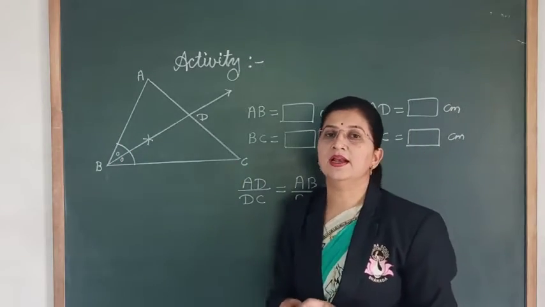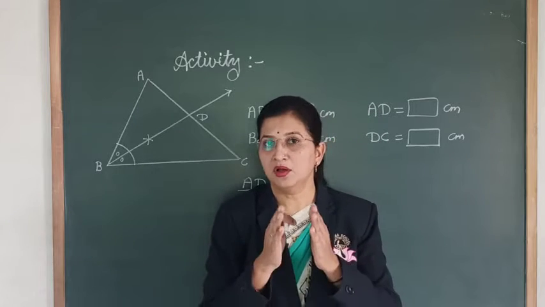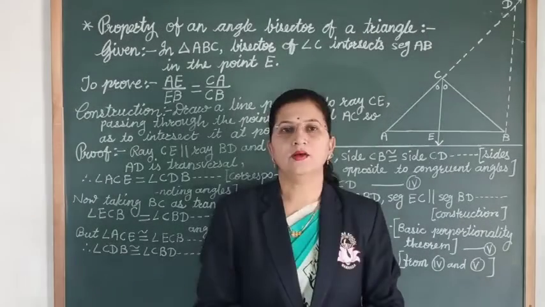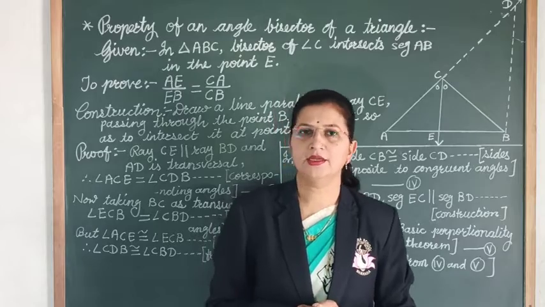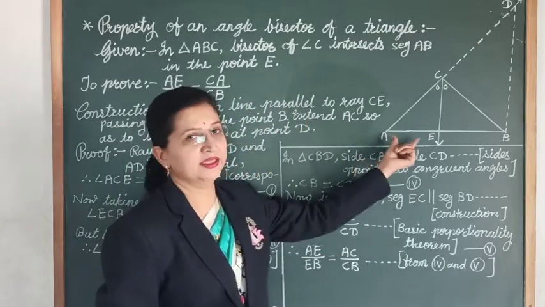So dear students, here let's see this theorem logically. The bisector of an angle of a triangle divides the side opposite to the angle in the ratio of the remaining sides. Now let's prove the theorem logically. So here the figure will be in this way.